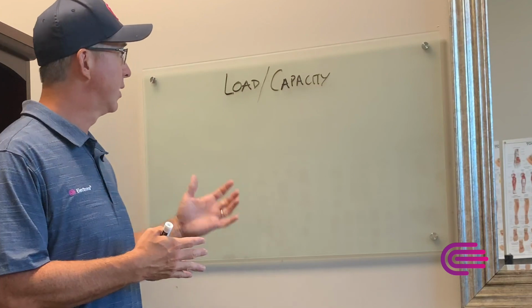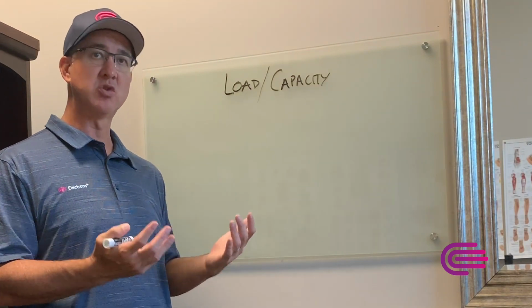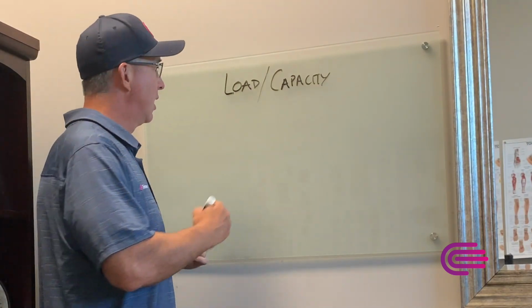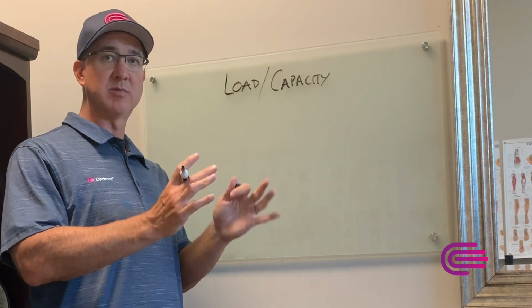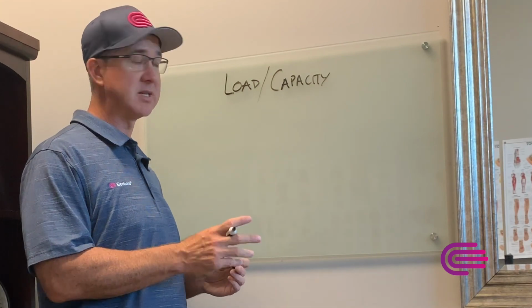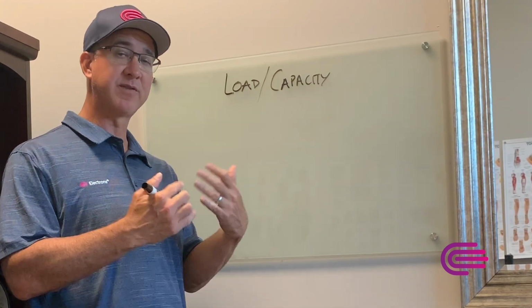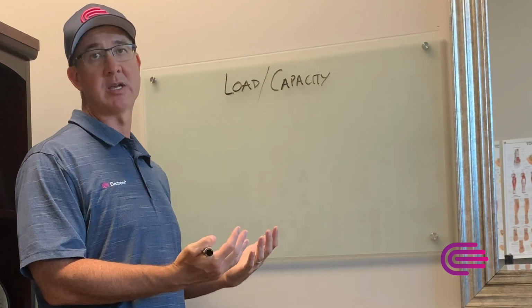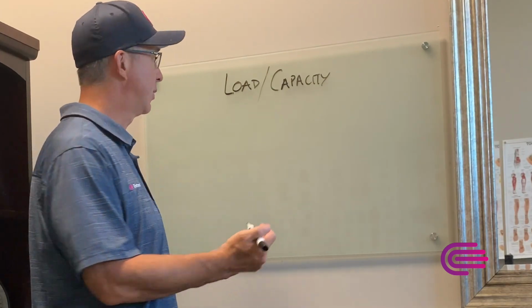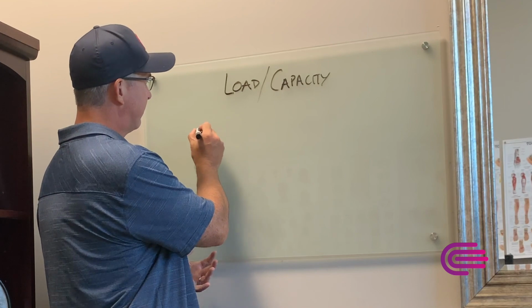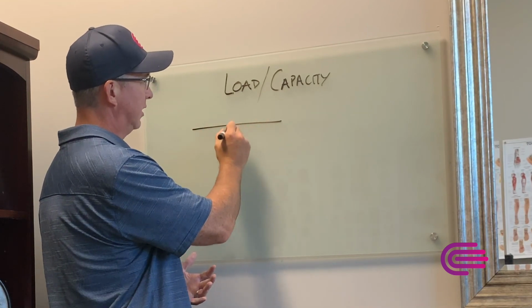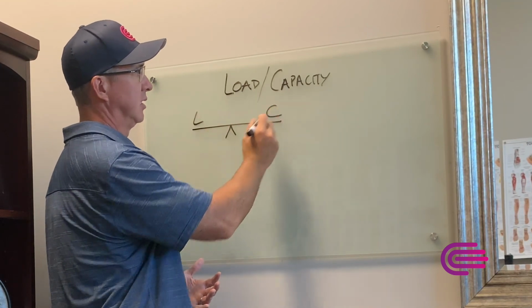Okay, so when a patient comes in, first they're usually in pain. After I evaluate them and do some testing and so forth, I'll sit down and explain using physics why they are experiencing pain. So we have a balance issue here with load and capacity.